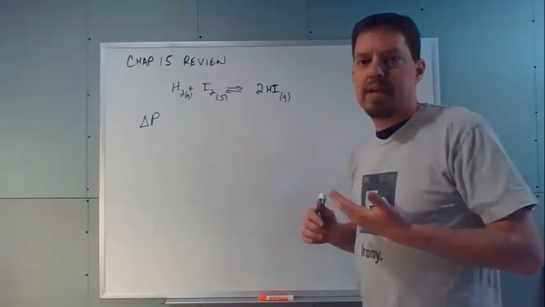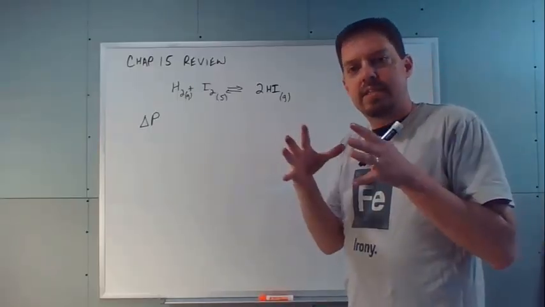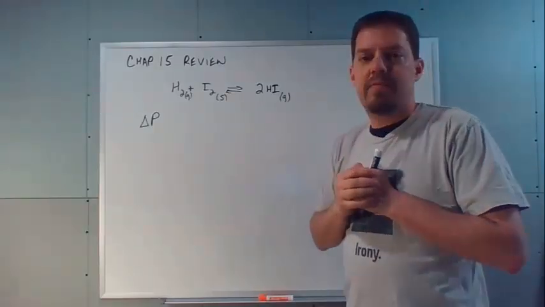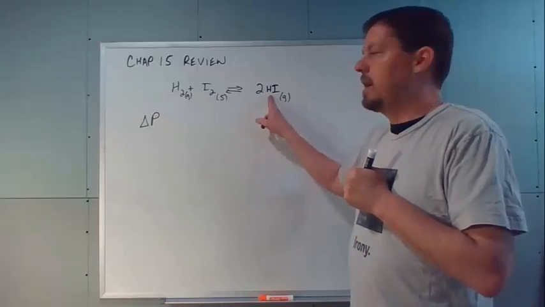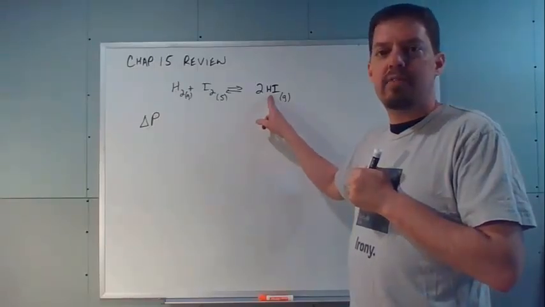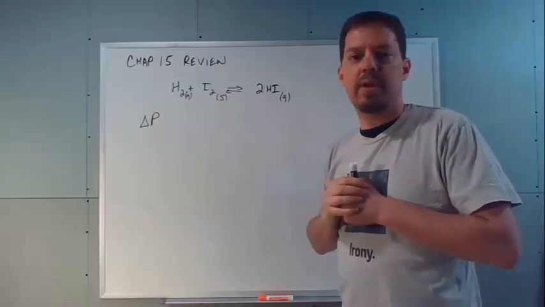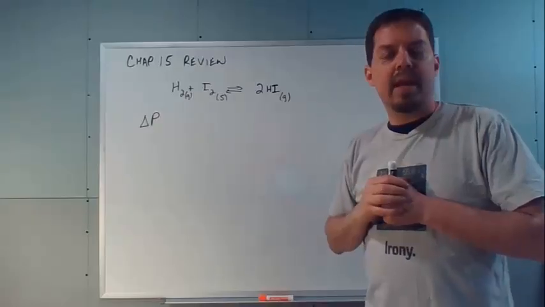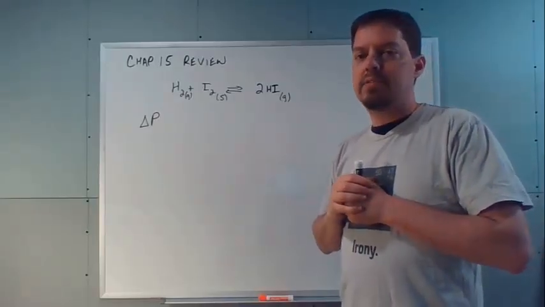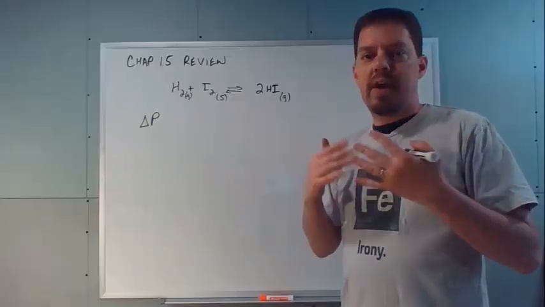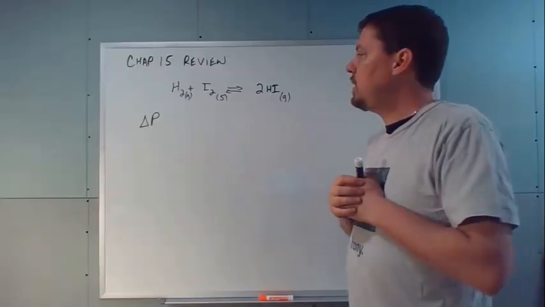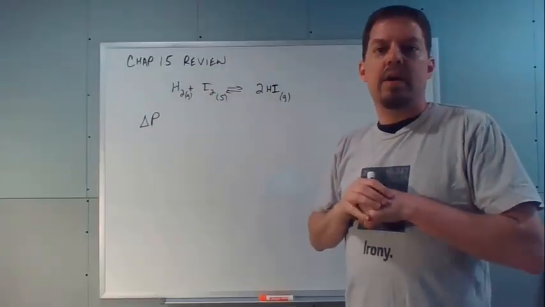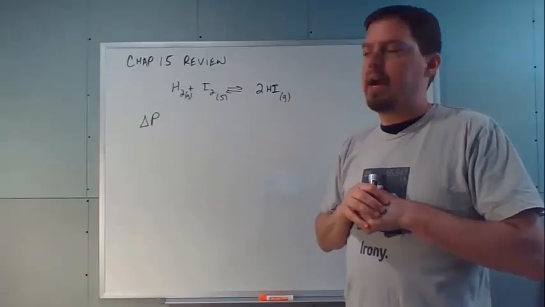Well, if I increase the pressure, what I'm doing is decreasing the volume, and I'm causing more collisions to occur. Well, which one of these is going to be affected more by more collisions? The side of the gas that has more moles. So if I increase the pressure, it's going to shift the equilibrium in the direction of the fewer moles of gas. And what that means is that I am actually going to cause our equilibrium values to change so that we can establish a new equilibrium based on the new pressures that we have.